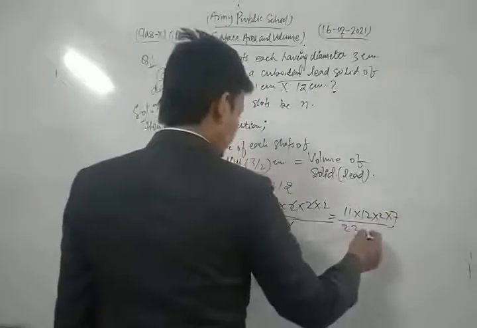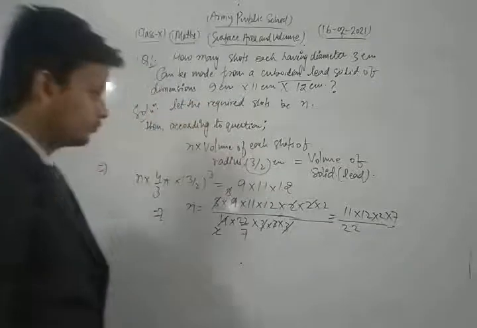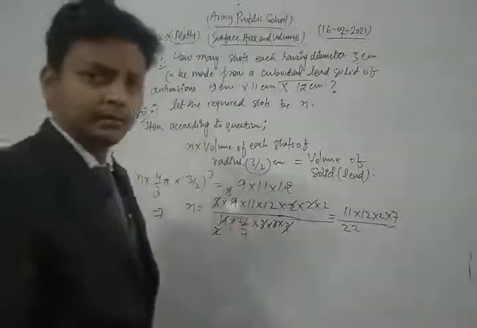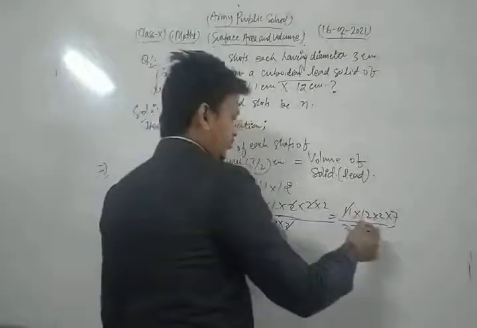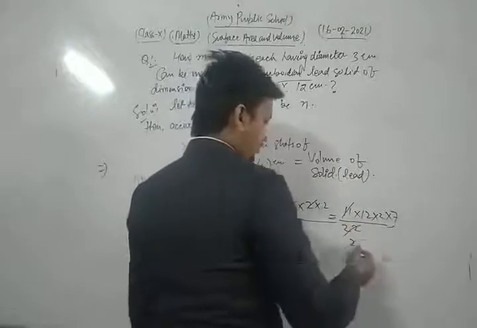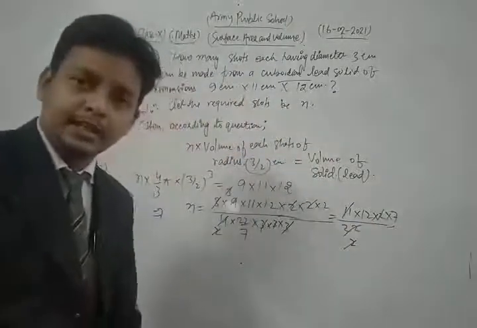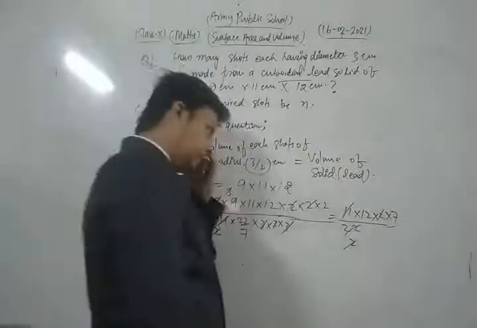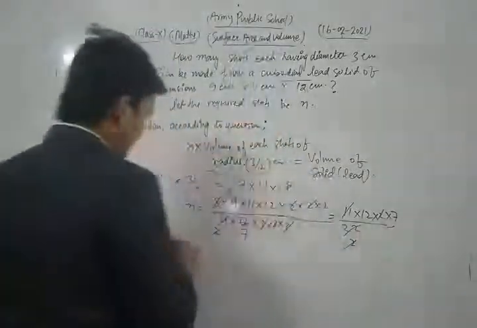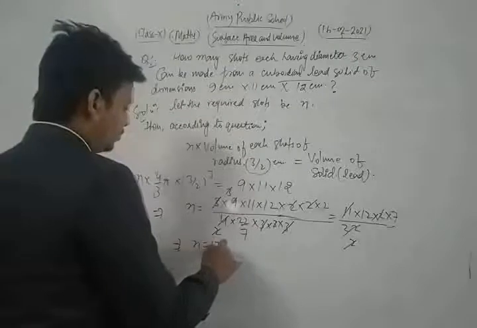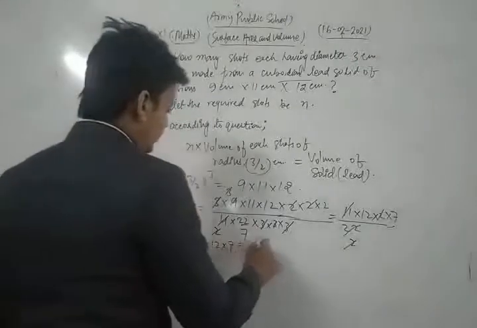Now 11 twos are 22, so they cancel each other. And 12 into 7, that is n is equal to 84.